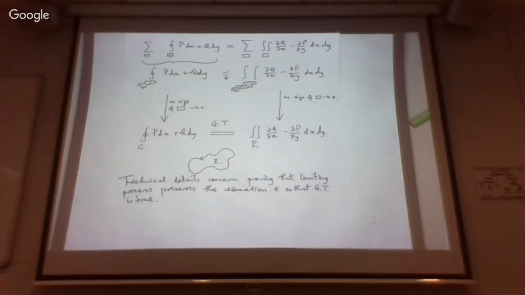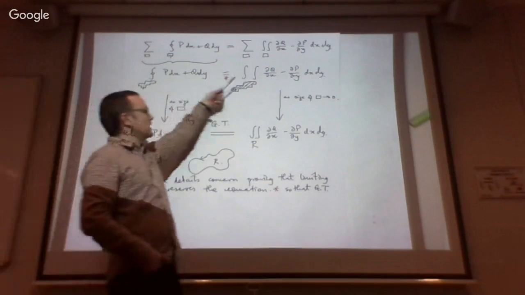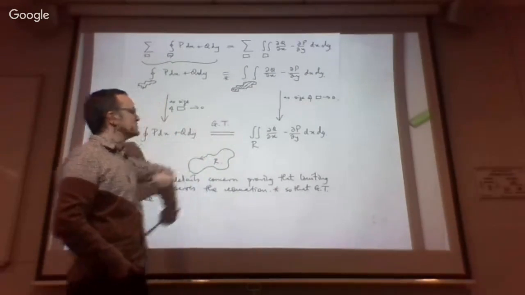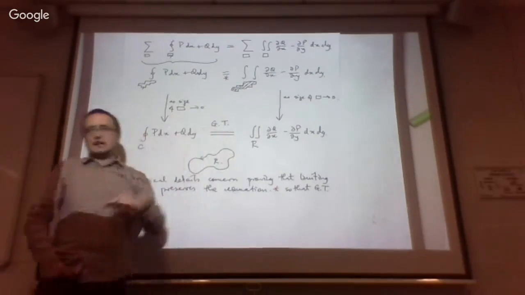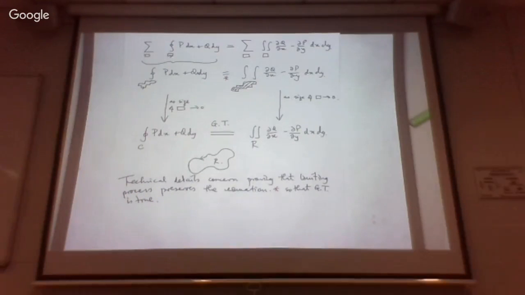Sometimes you're taking in parts which are not in the region. But as the size of these rectangles shrinks, gets arbitrarily small, the error will converge to 0. And if the equation is true for any of the blocky regions, as we take limits, the equation will still be true, and that will give us Green's theorem in the limit.